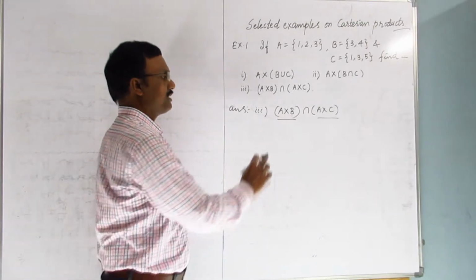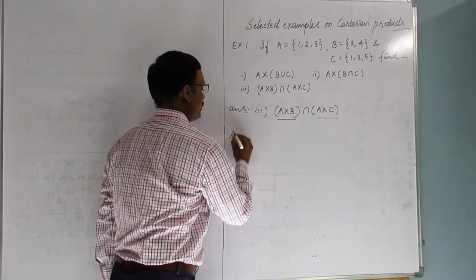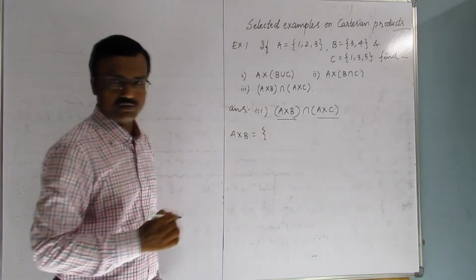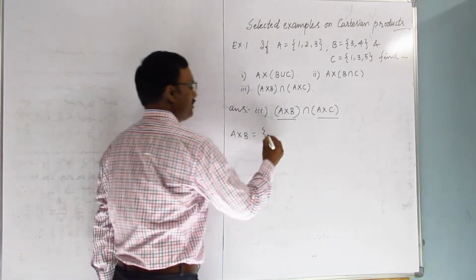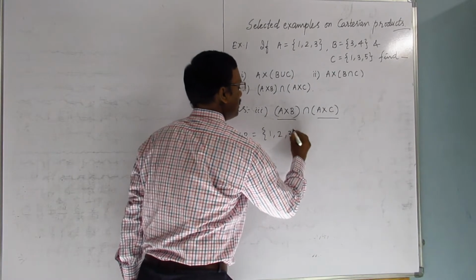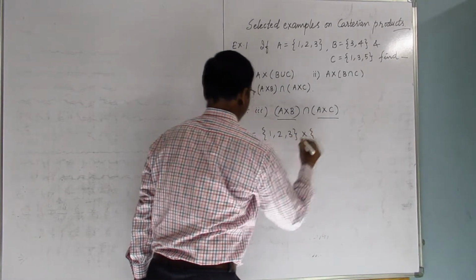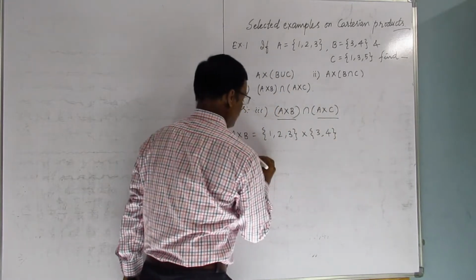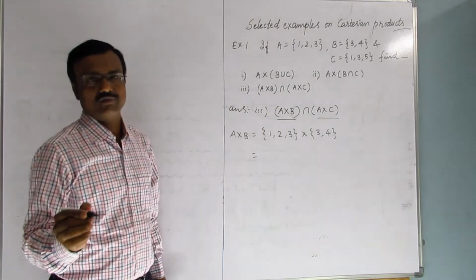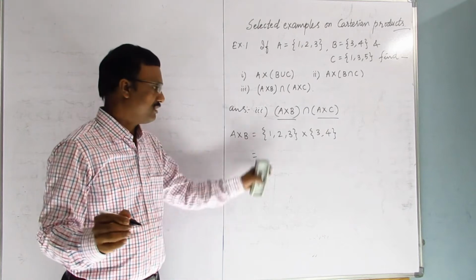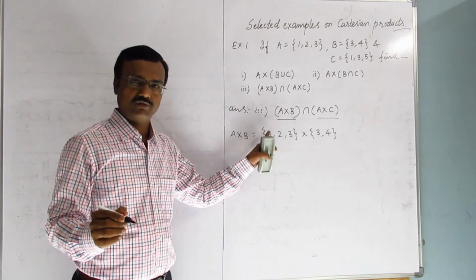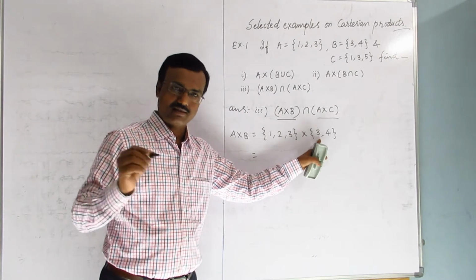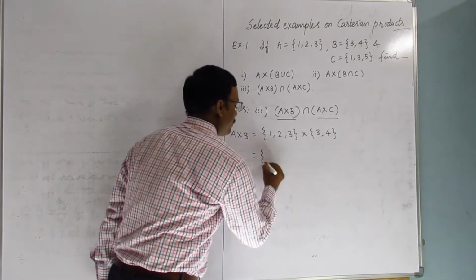So let us begin with A cross B. I will write the elements initially: A elements 1, 2, 3, Cartesian product, B 3, 4. Now to find the Cartesian product, first element from the first set and then second element from the second set, and write all the pairs here.